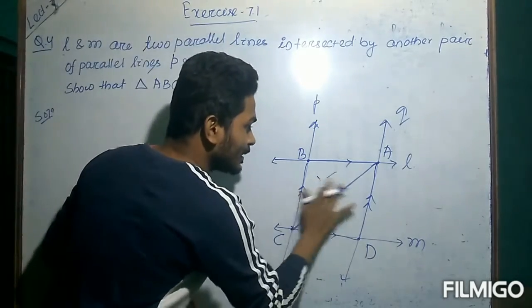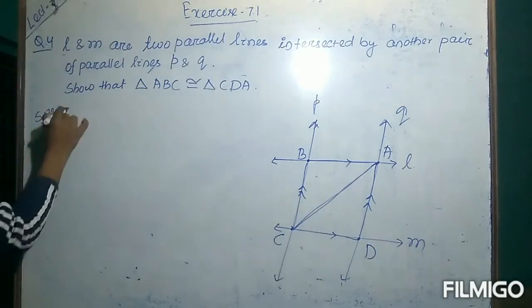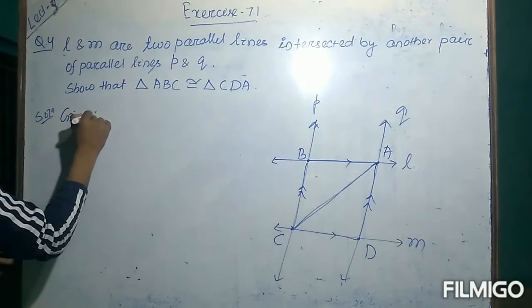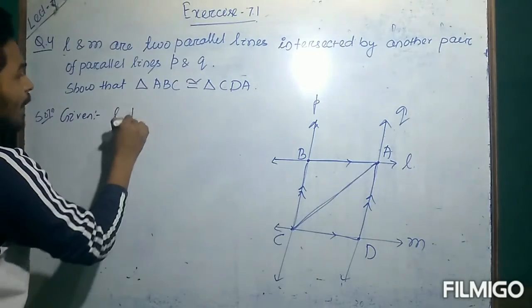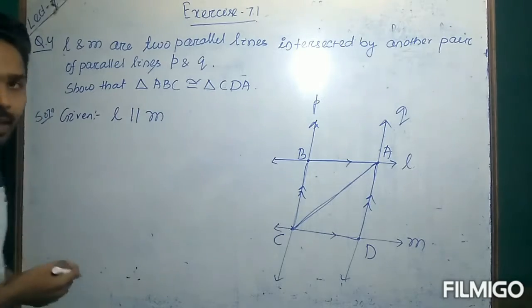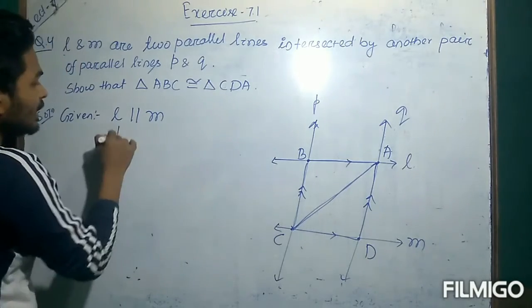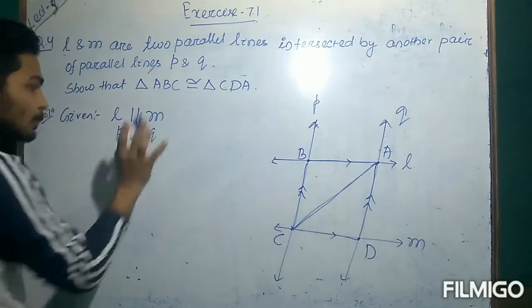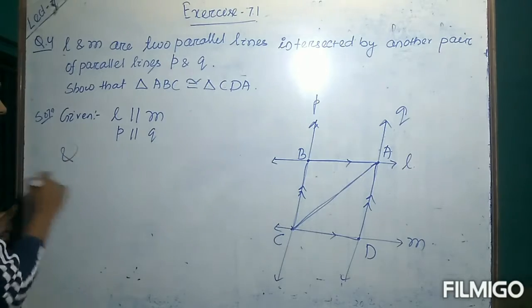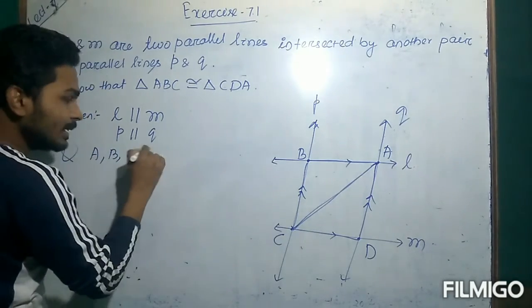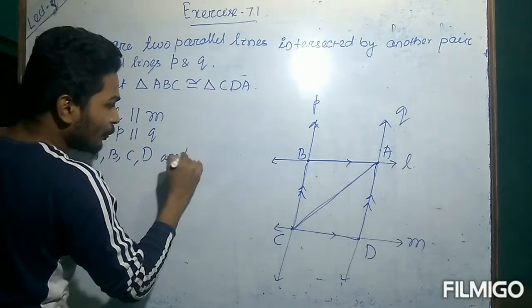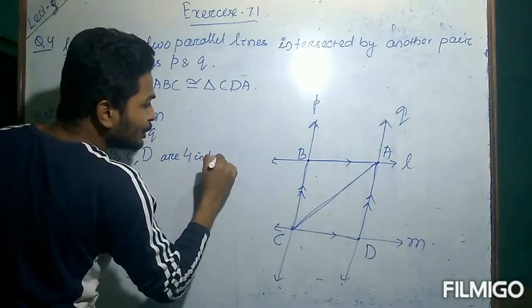So let us prove it. Let us first write what is given in this statement. It is given that L is parallel to M, and P is parallel to Q, and A, B, C, D are four intersecting points.